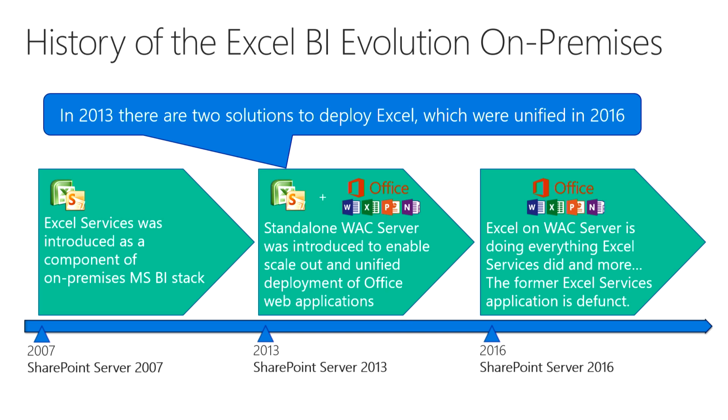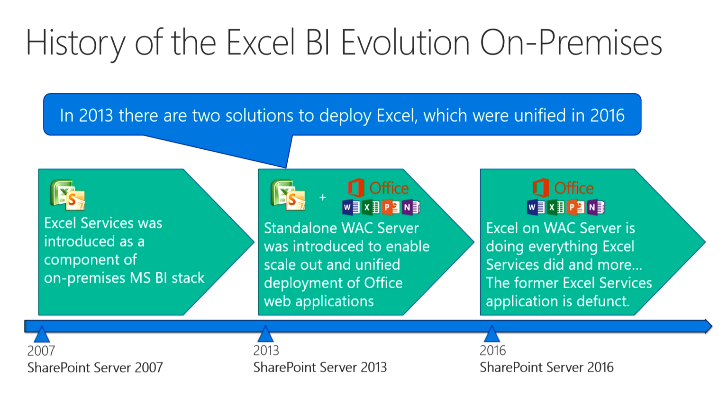So in SharePoint Server 2013, the IT folks had two choices. Upon deployment of SharePoint Server 2013, an IT person in the organization would ask, hey, do we need any BI features in the organization?